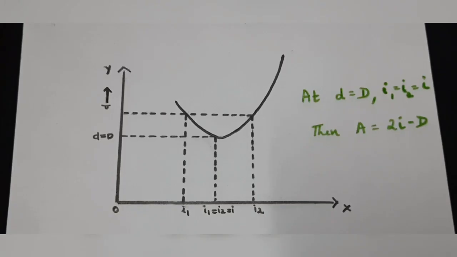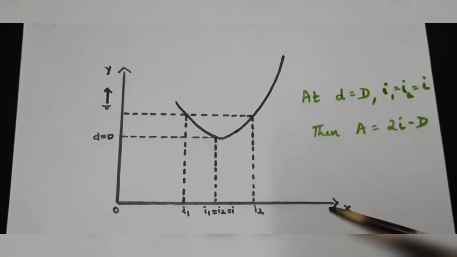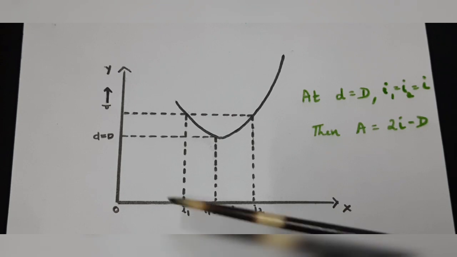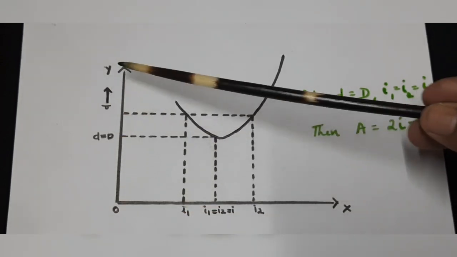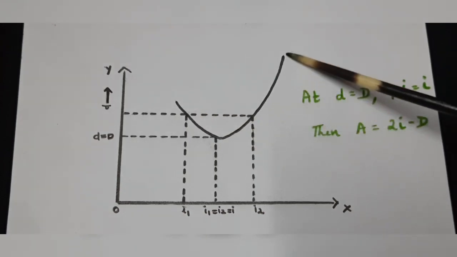The next step would be to draw an I-D graph. We'll take all the angles of incidence along the x-axis and the corresponding deviation D on the y-axis. So the graph would look something like this.